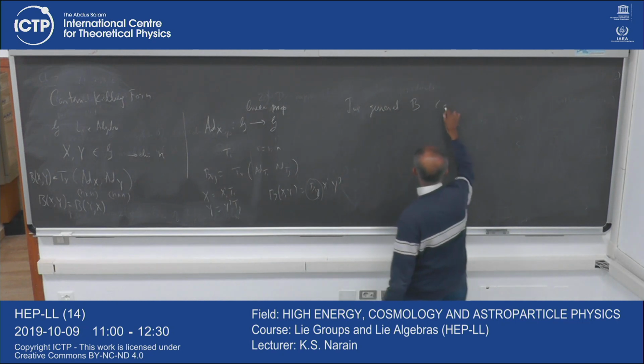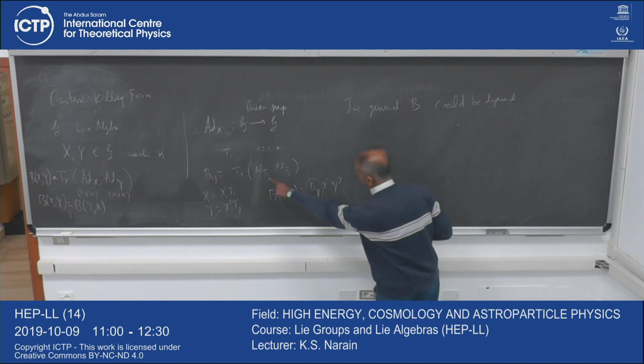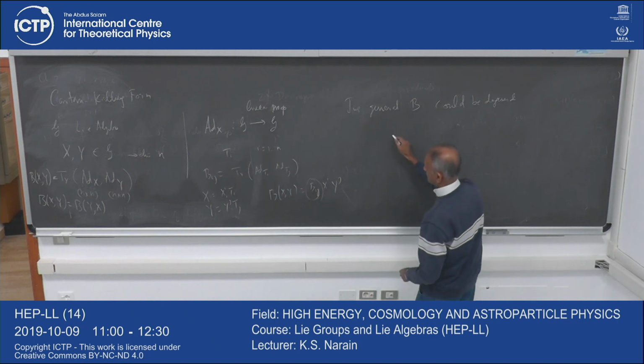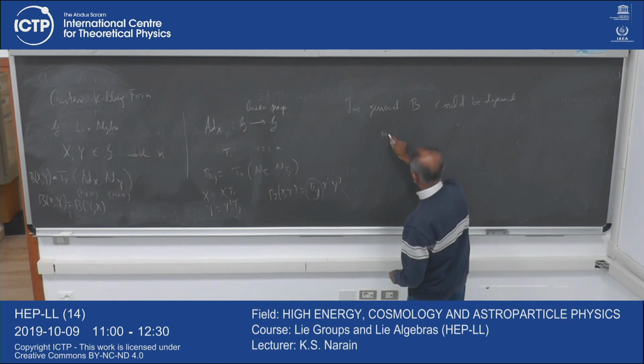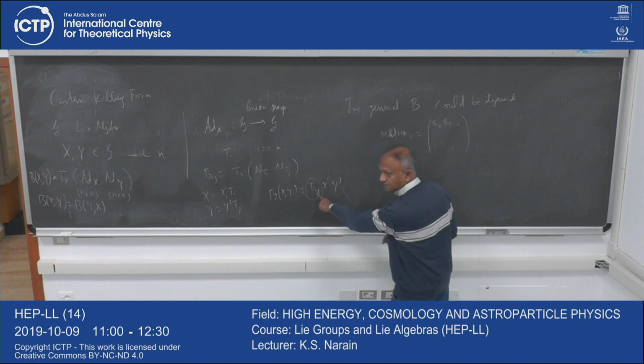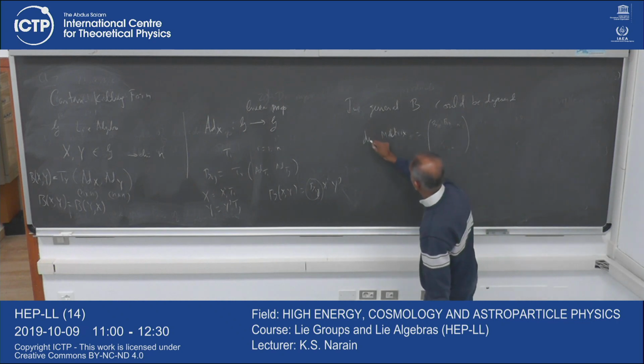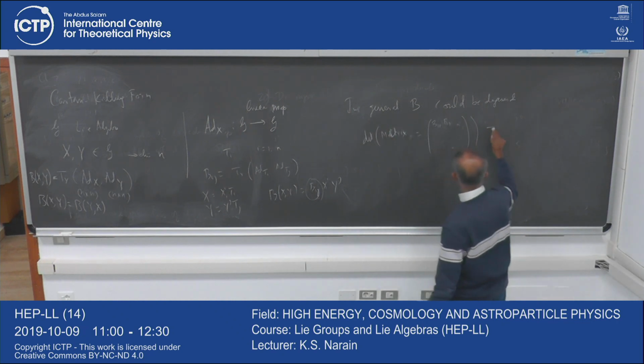B could be degenerate, which in the language of a chosen basis is the same as saying the matrix Bij, the matrix defined by these Bij, B11, B12, etc., all the way with these Bij being the entries, has determinant equal to 0.